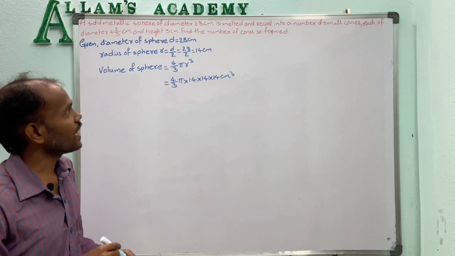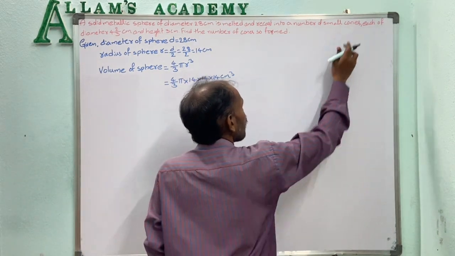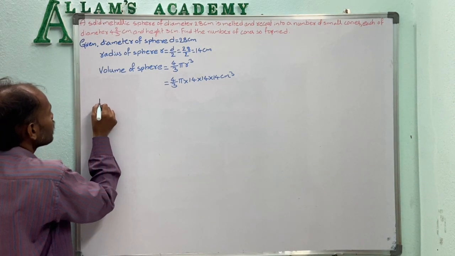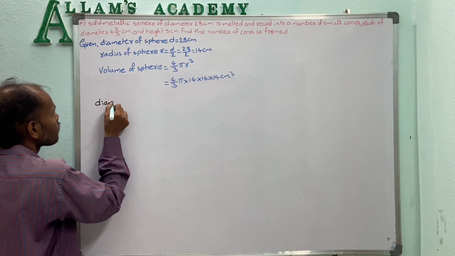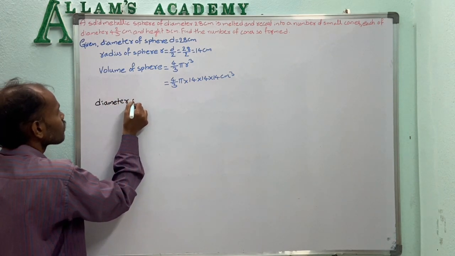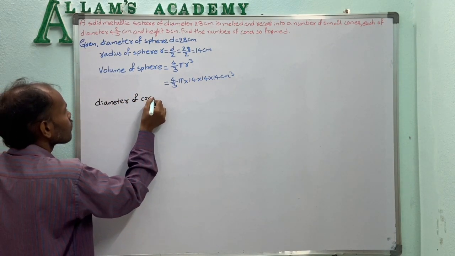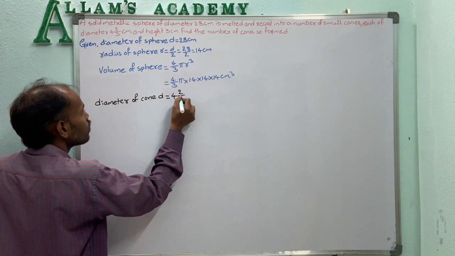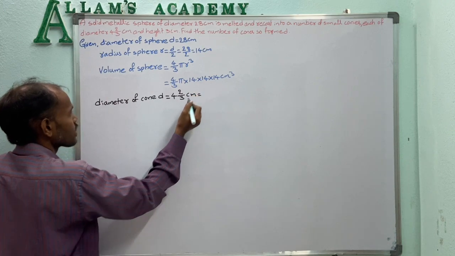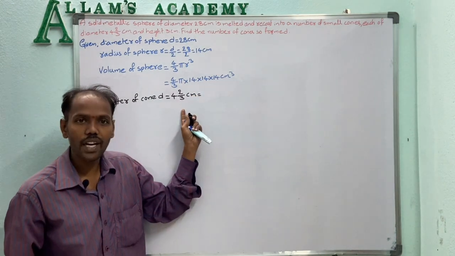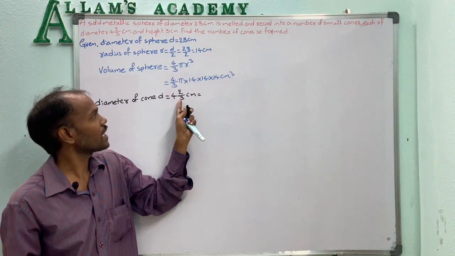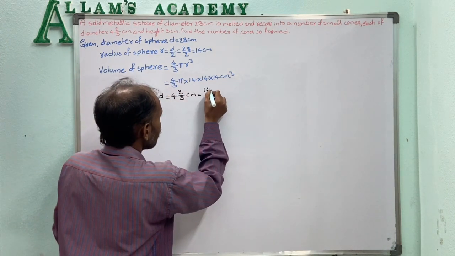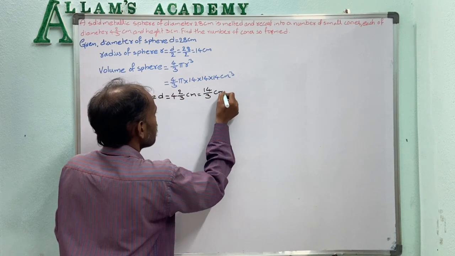Now finding the volume of the cone. The given diameter of the cone, d, is equal to 4 2/3 centimeters. It is in a mixed fraction, so converting: 3 fours are 12, 12 plus 2 equals 14, so 14 by 3 centimeters.